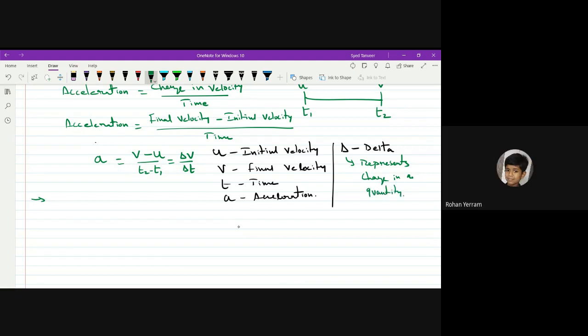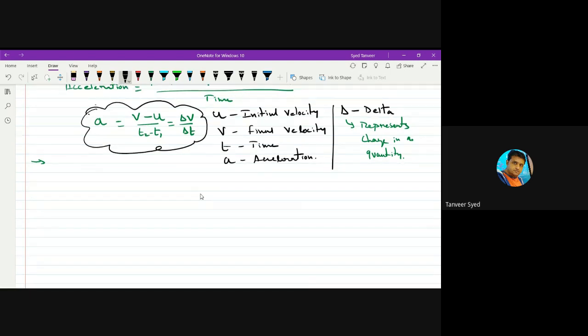Sir, here delta T means the change in time. Delta V is change in velocity. Delta T is change in time. So we have got the concept, definition, and formula for acceleration.